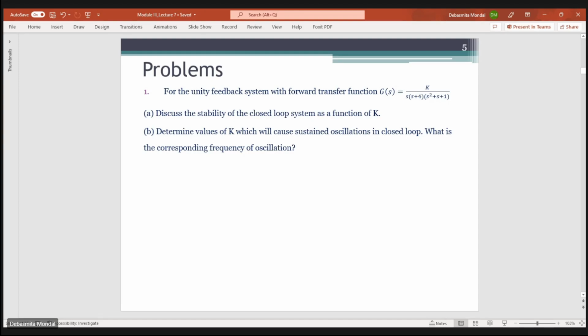Okay. So what you need to do over here is, since it is a unity feedback system, you can write that G(s) is given by this.